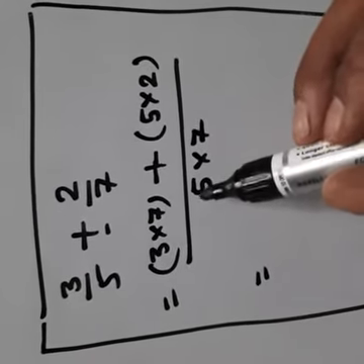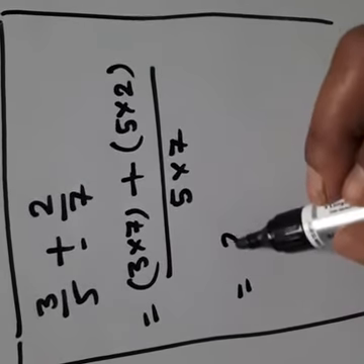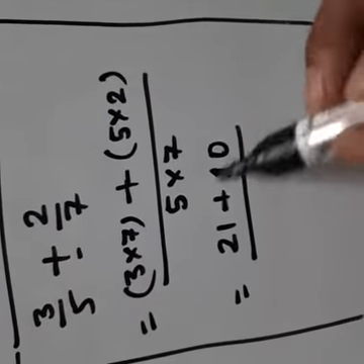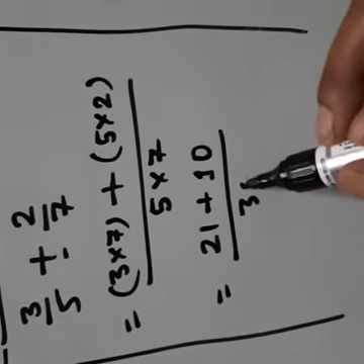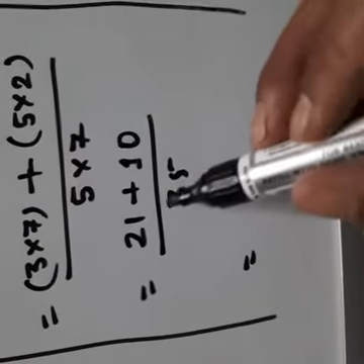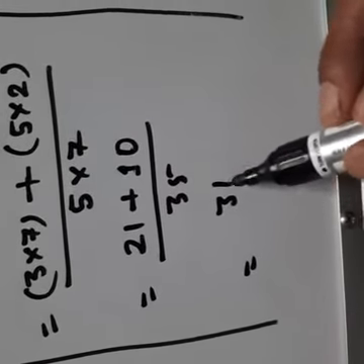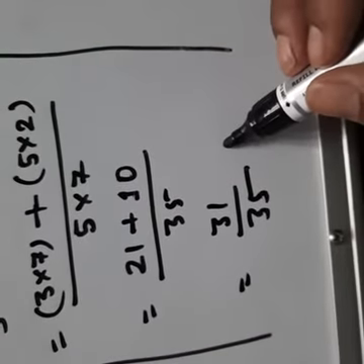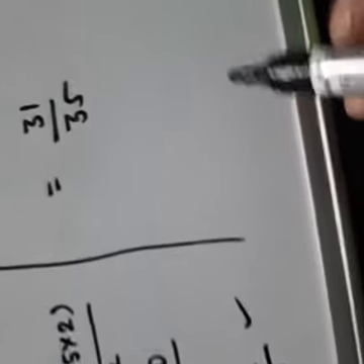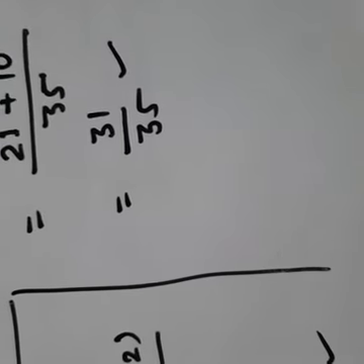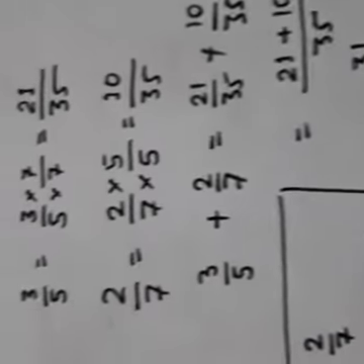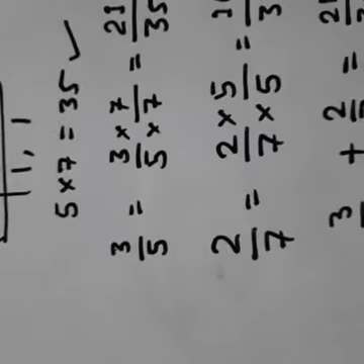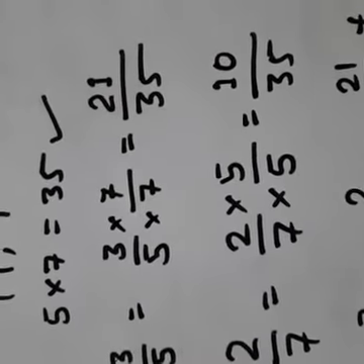Now student, what has it become? 3 multiply 7 becomes 21, 5 into 2 becomes 10, and 5 into 7 becomes 35. So this time 21 plus 10, 31, upon 35. You will get the same answer as you get in the process when you first find the LCM.